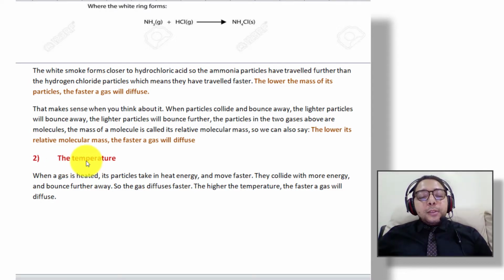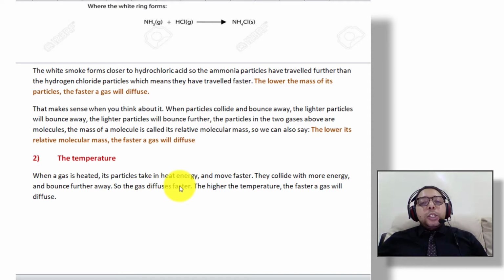When we heat the gas, the particles move faster because they gain heat energy, and as they move faster, they collide with more energy and bounce farther away. This makes the diffusion faster when compared with lower energy.